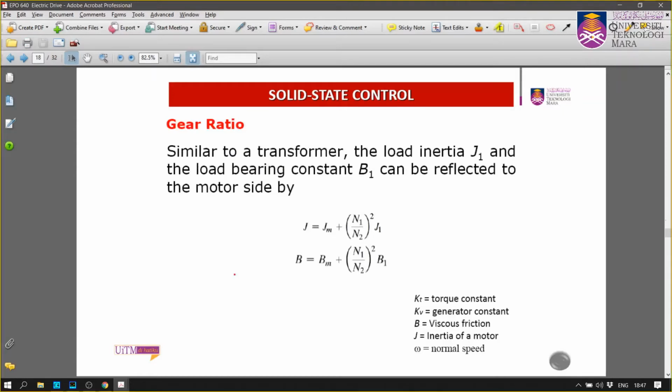So Jm, the total inertia that we face on the left hand side, equals Jm plus (N1 over N2) squared times J1. So you bring the J1 into the original circuit on the left.